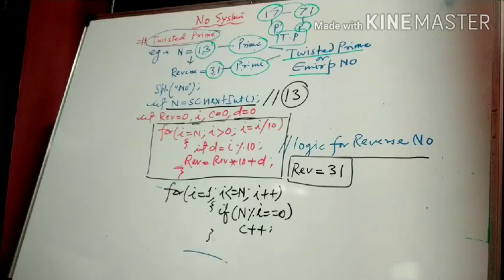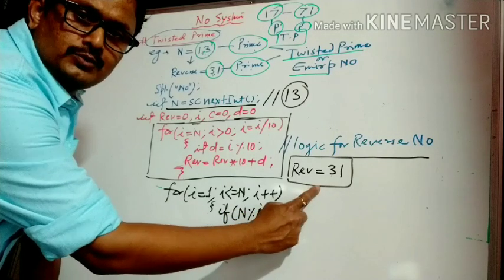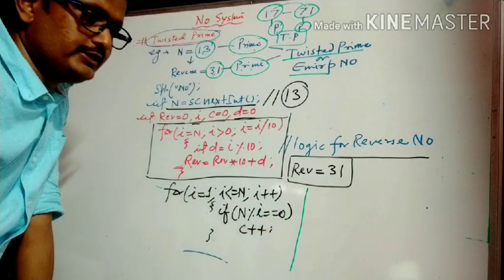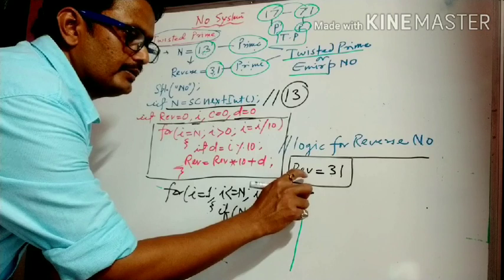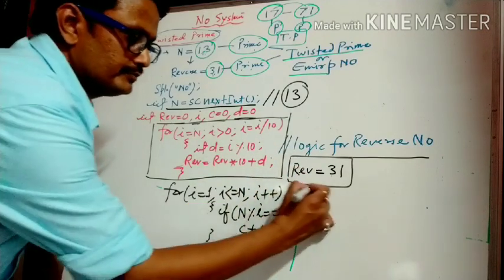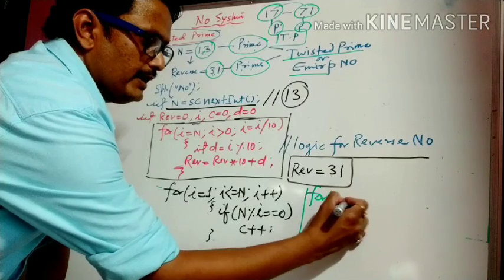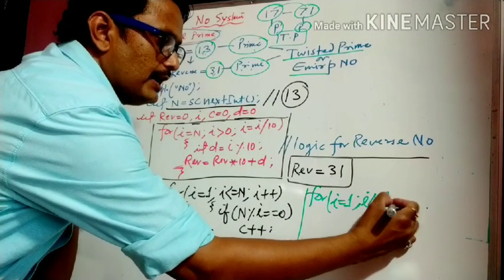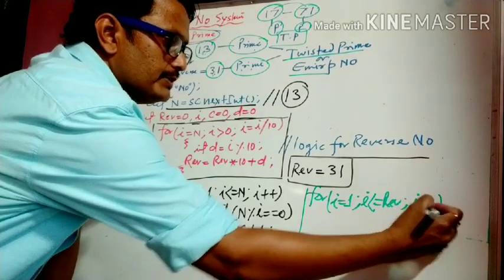And the reverse of the number is 31. After that you check whether the reverse is prime or not. Once again, for loop, i is equal to 1, i less than or equal to rev, i plus plus.